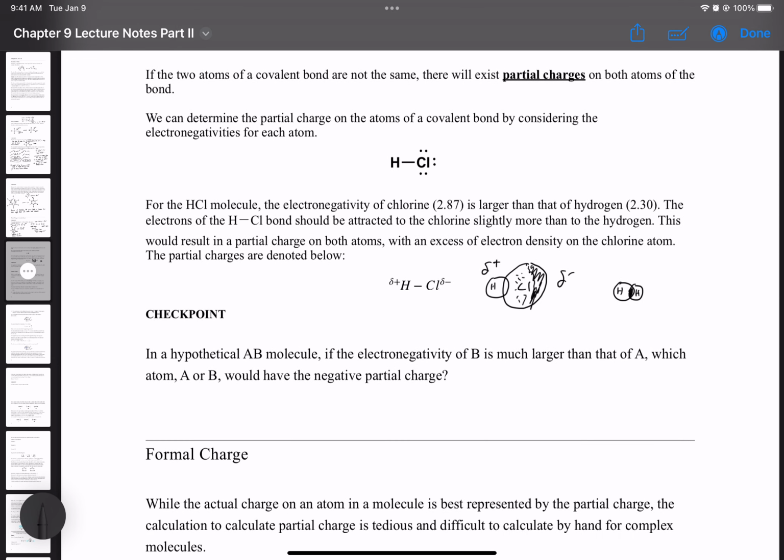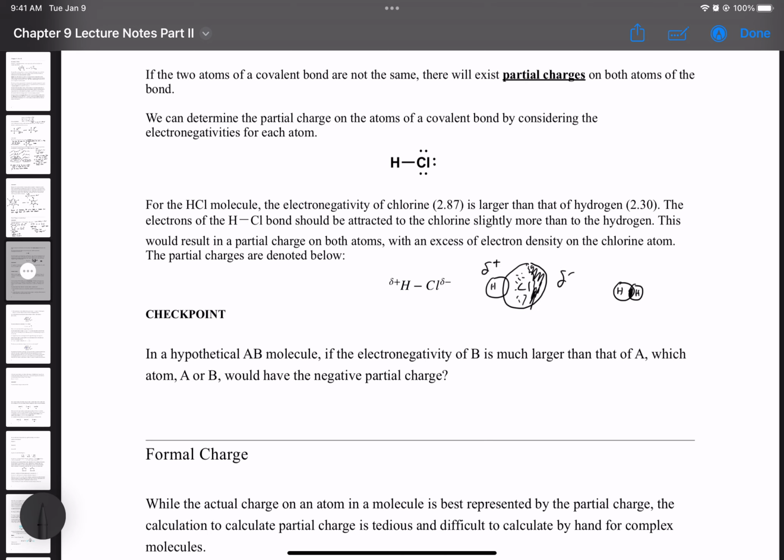So if we think about a hypothetical molecule, AB. If the electronegativity of B is much larger than that of A, which atom, A or B, would have the negative partial charge?